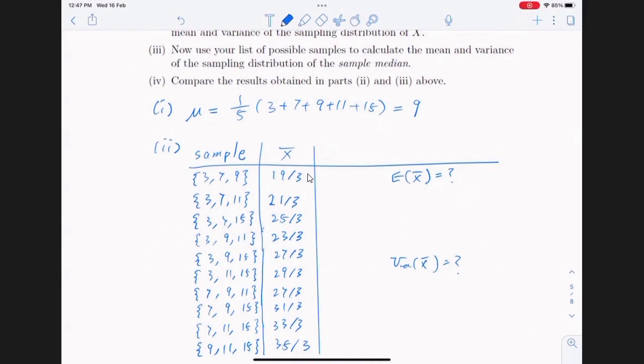So what is the probability of getting this sample? What is the probability of drawing this sample? 1/10. Yeah. Every one of these samples will have an equal chance to be selected, and totally there are 10 samples. And of course, the chance of drawing each of these samples will be 1 out of 10.